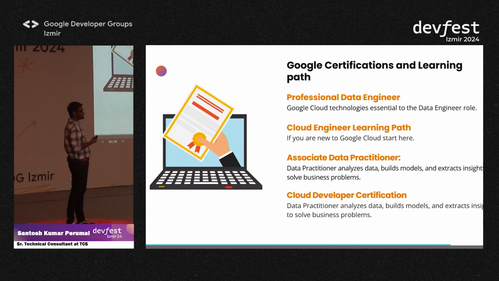So if you are looking for certification and you are starting, cloud engineer is one of the basic certifications. Earlier it was called associate cloud engineer. They used to call it ACE, but now they have renamed it as cloud engineer. So that is the first level certification anyone has to do if they are starting their journey in Google Cloud.